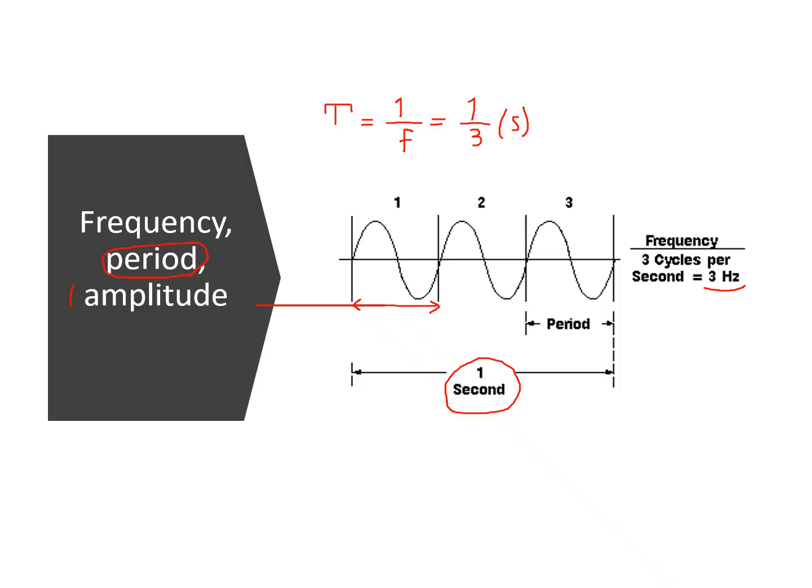What is amplitude? I've already mentioned that amplitude is the max value of a wave. So this is the amplitude. Or if we consider the absolute value, I can also show these minimum peaks.